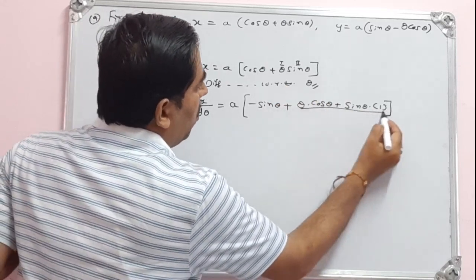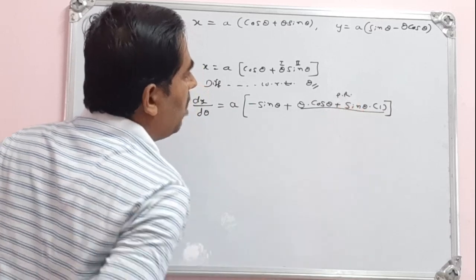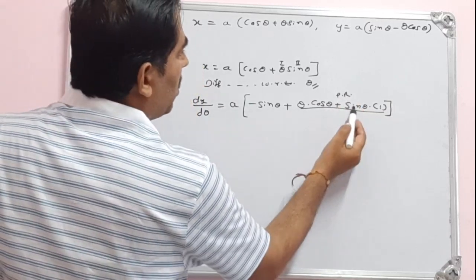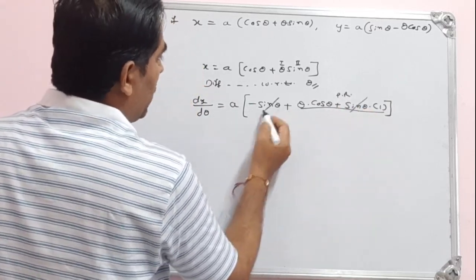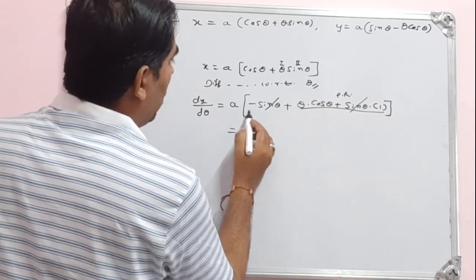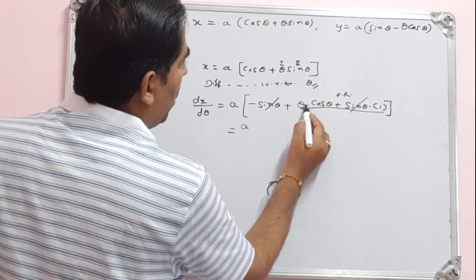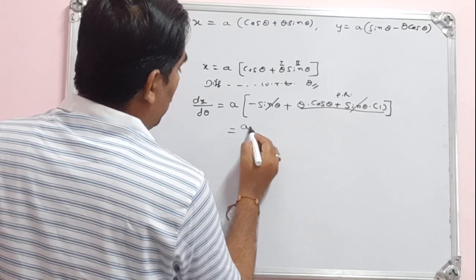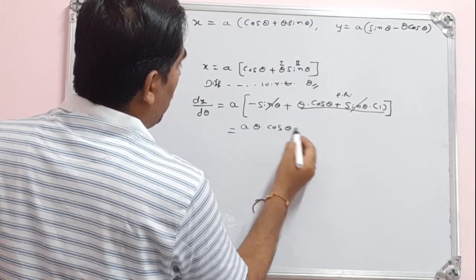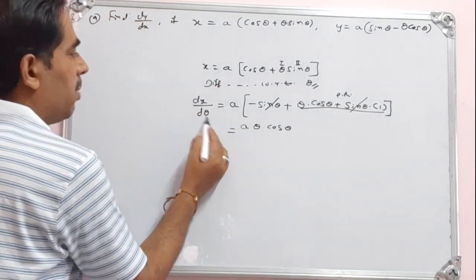This is the product rule. Then plus sin theta and minus sin theta cancel inside the bracket. Then a into theta cos theta, so that is a theta cos theta. This is dx by d theta.